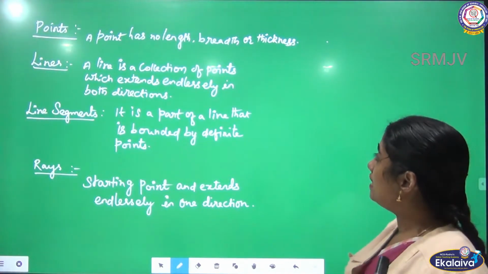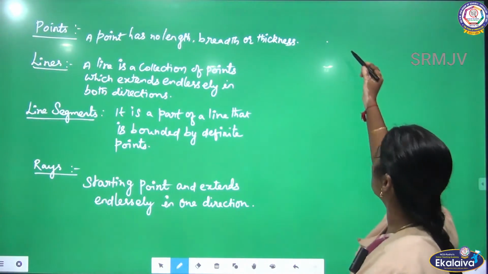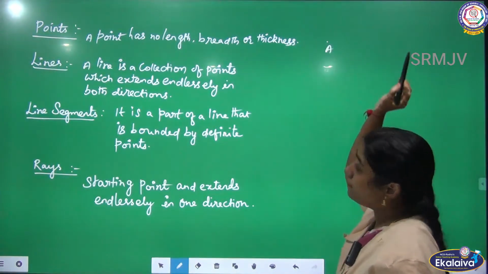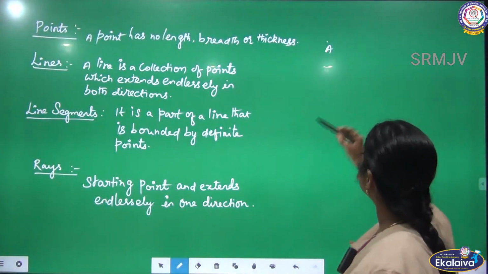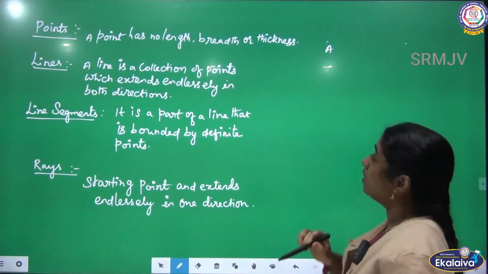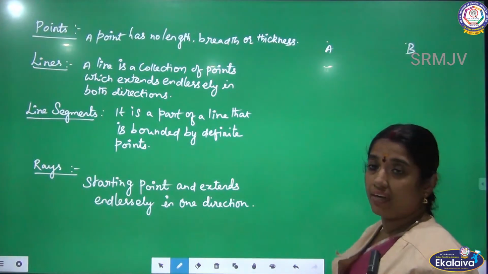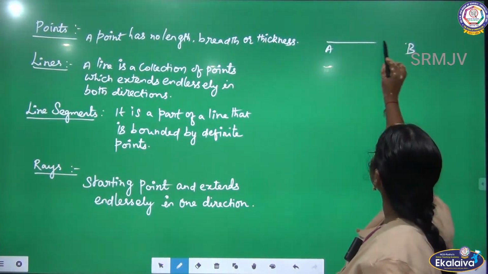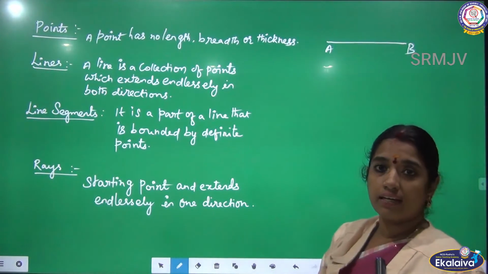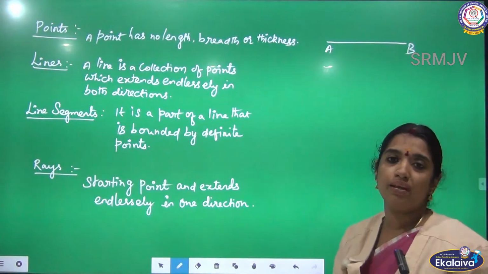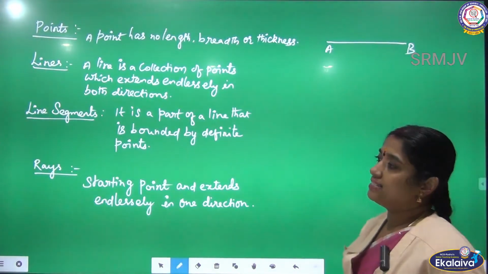In our mathematics, a point is used for joining the lines. And I can denote this by capital letters. Suppose here I am keeping a dot. I can give another alphabet, B. Now I can join these two dots. Is it clear? So there is no length for the dot, no breadth as well as no thickness.